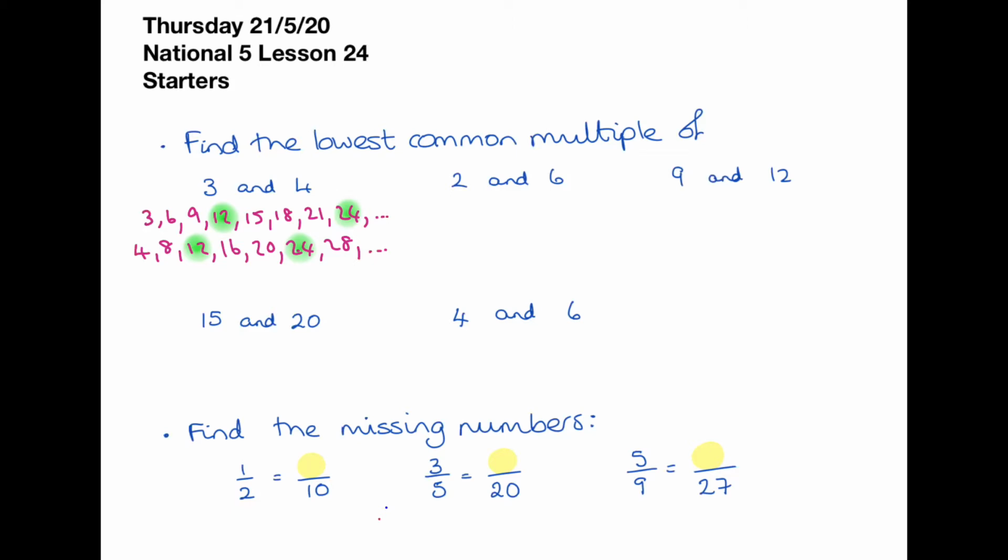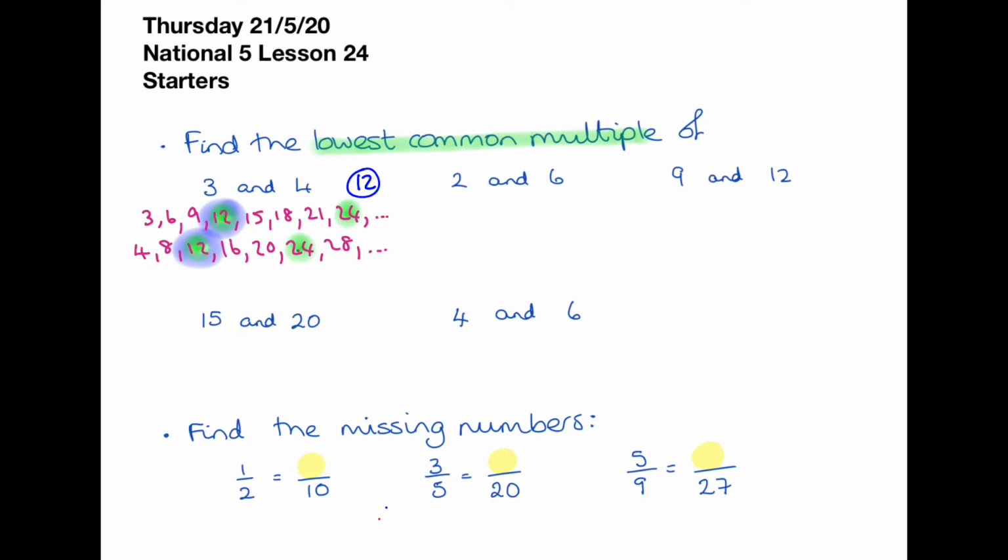So the common multiples of 3 and 4 are 12, 24, the next one will be 36, 48 and so on. But we're asked for the lowest common multiple of these pairs of numbers. So the lowest common multiple is the smallest number that's in both lists, so that would be 12. The lowest common multiple of 3 and 4 is 12.